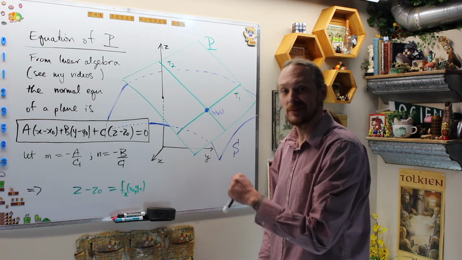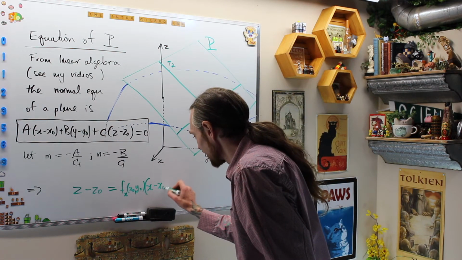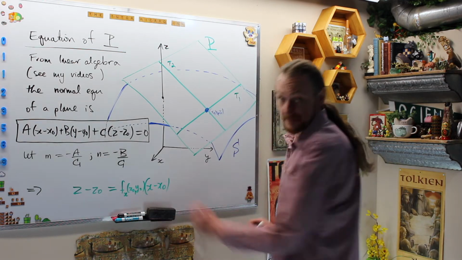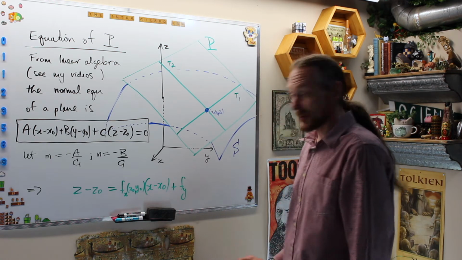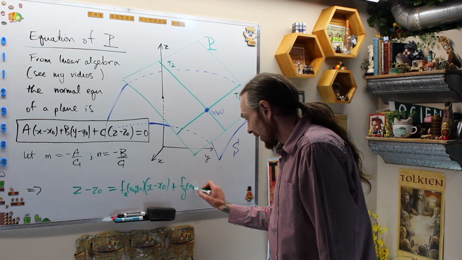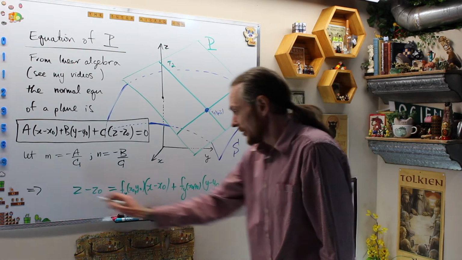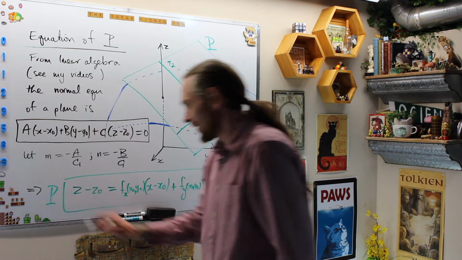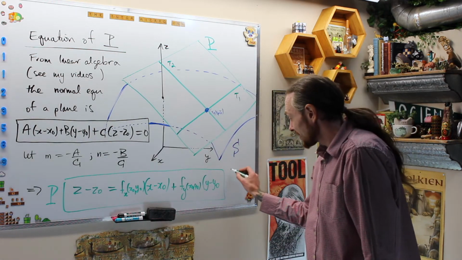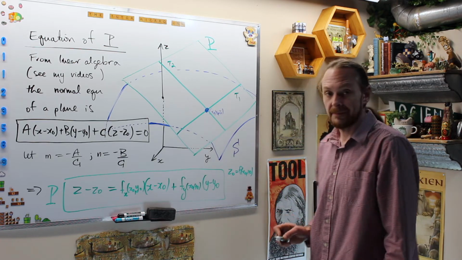The slope of the tangent with respect to x of our function, times x minus x naught, that's m, plus n, which is now the partial derivative of f with respect to y at the point x naught, y naught, times y minus y naught. This is our plane. And who is z naught? f of x naught, y naught.